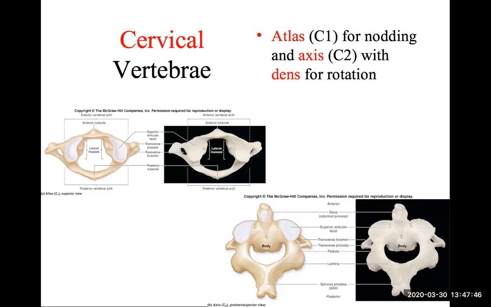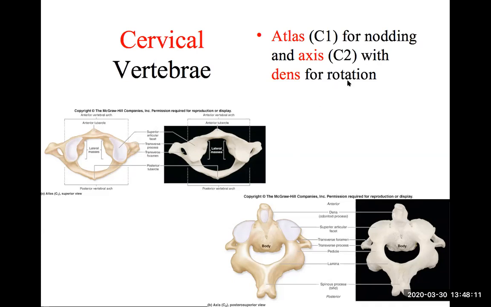On the other hand, when you fit these 2 together, this little bony projection you see called the dens, or another name for it is odontoid process, sticks up into the space of the atlas. And the articulation between the two of them allows you to rotate your head.